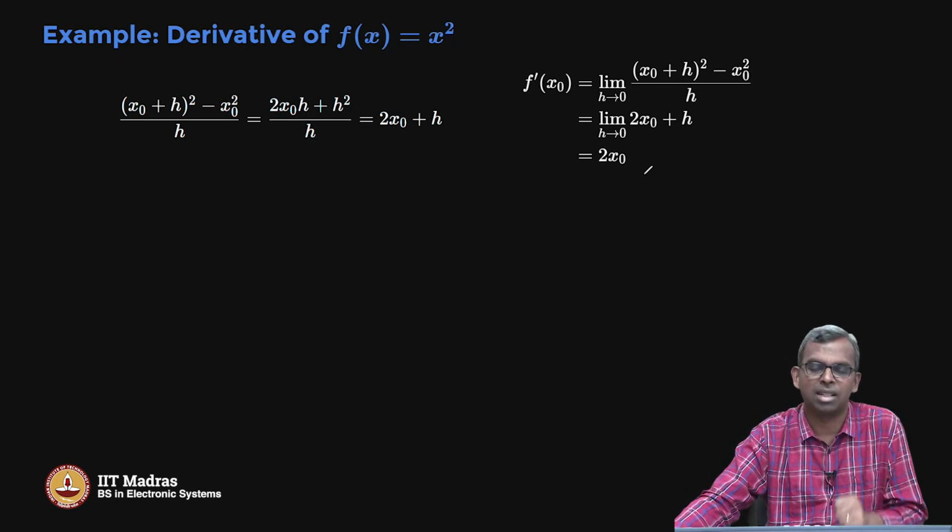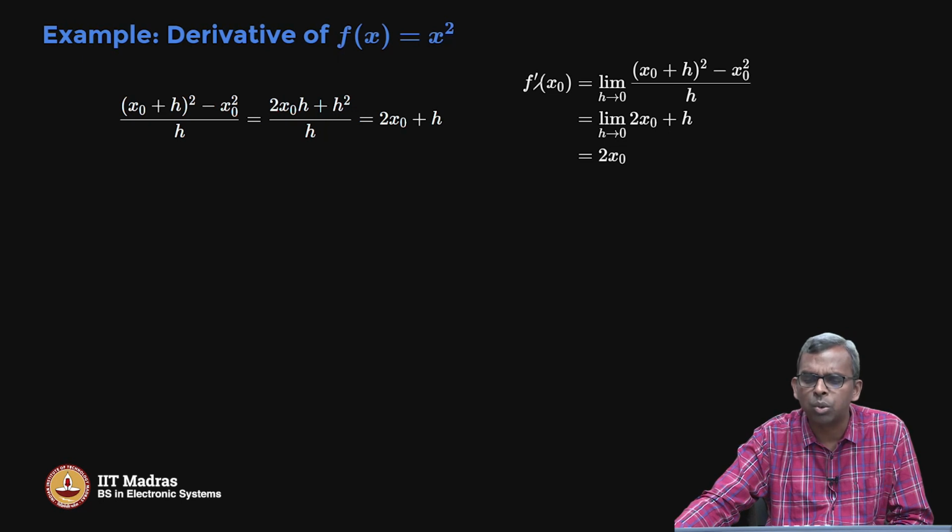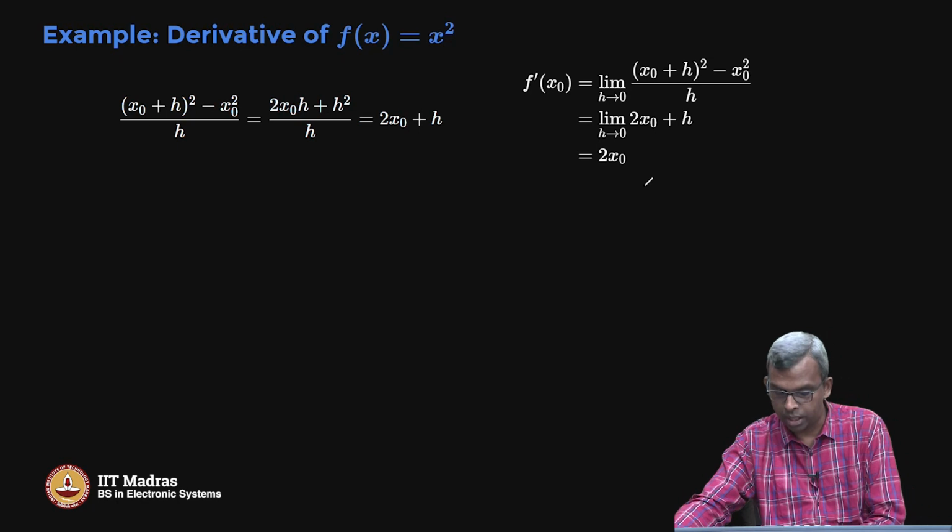For simple functions like x squared, this derivative ends up being very nice. So you see now why there is motivation to write it as f prime of x. You get 2 x0, so its derivative is a function of x0. We will explore this a little bit later, but anyway, this is the derivative for x squared.